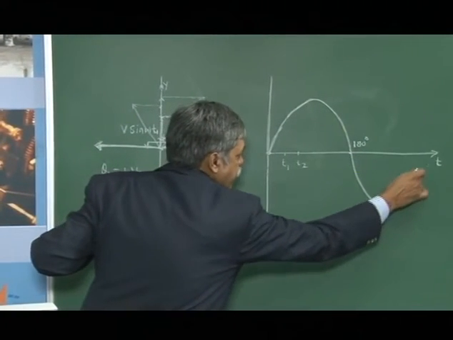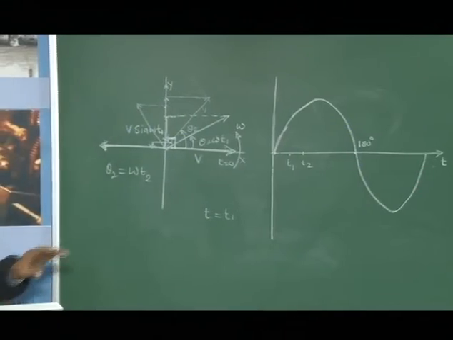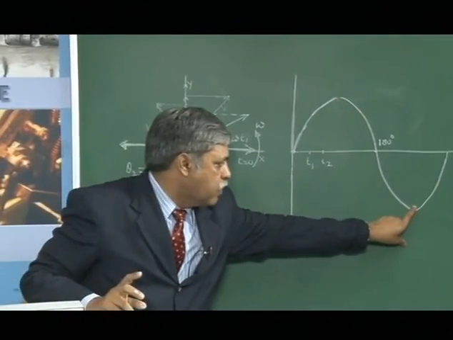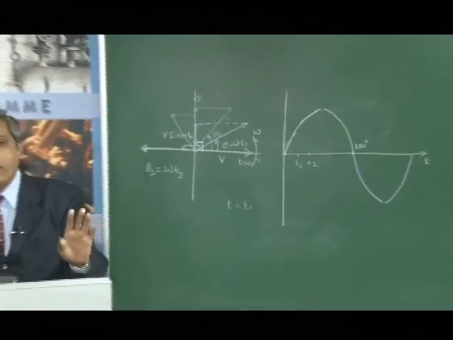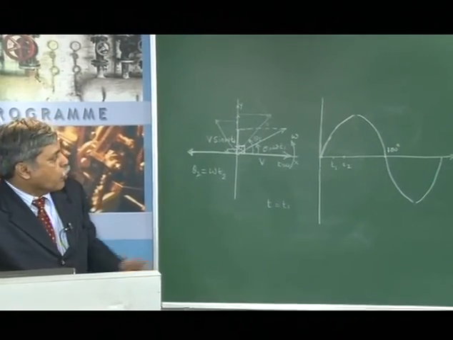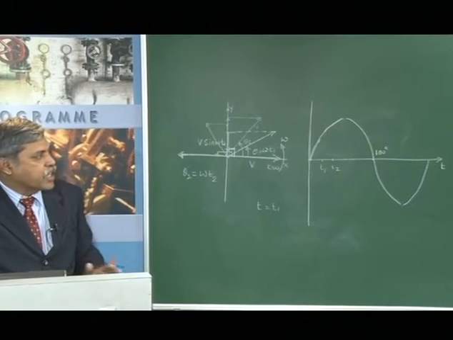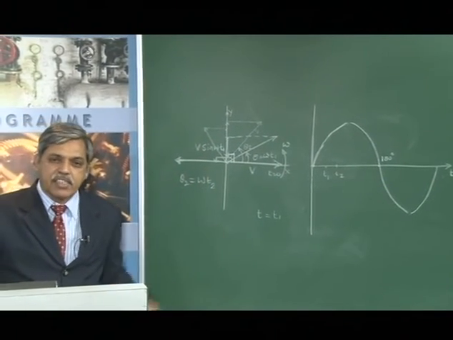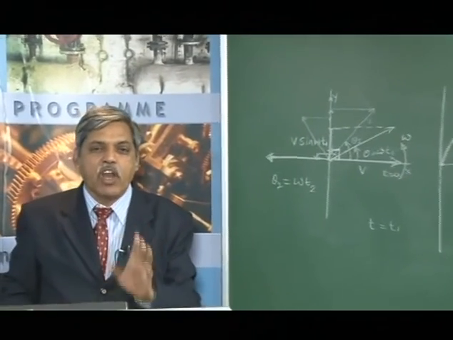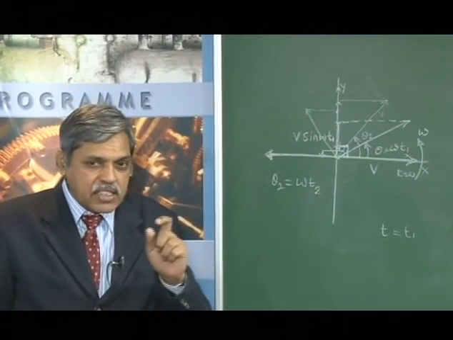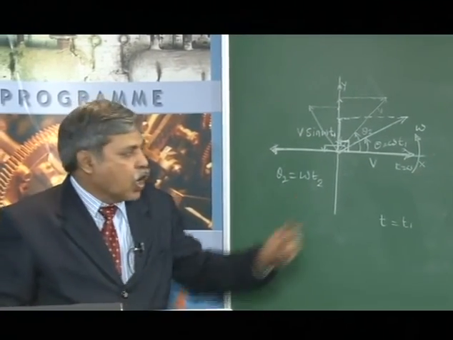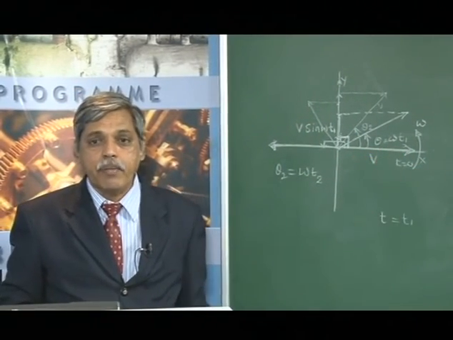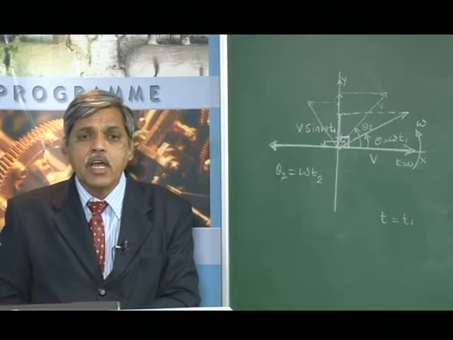Since the vector length is fixed throughout this operation, the maximum value of the positive and the maximum value of the negative half cycle are equal. So by this you can say that a rotating vector in the coordinate axis, rotated at a constant velocity, by considering the projection of the vector along the vertical axis, I can have a sinusoidal wave. That is what it says.